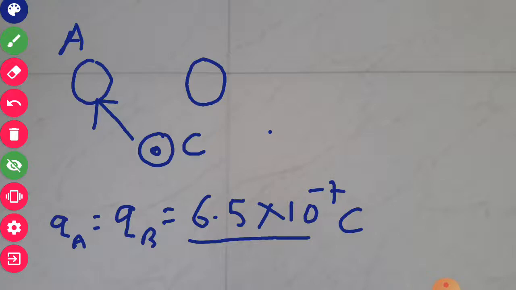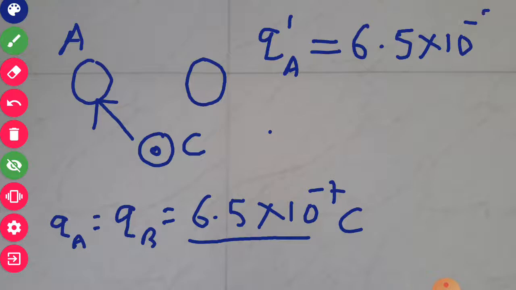So the addition of these two charges on A and C, I show as QA prime, will be 6.5 into 10 to the power minus 7 plus 0 charge, that is not to be written. So total charge on A and C will be this much.